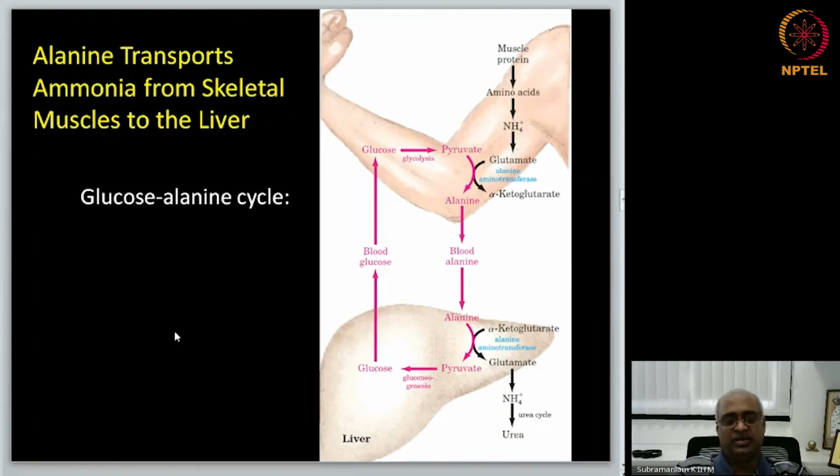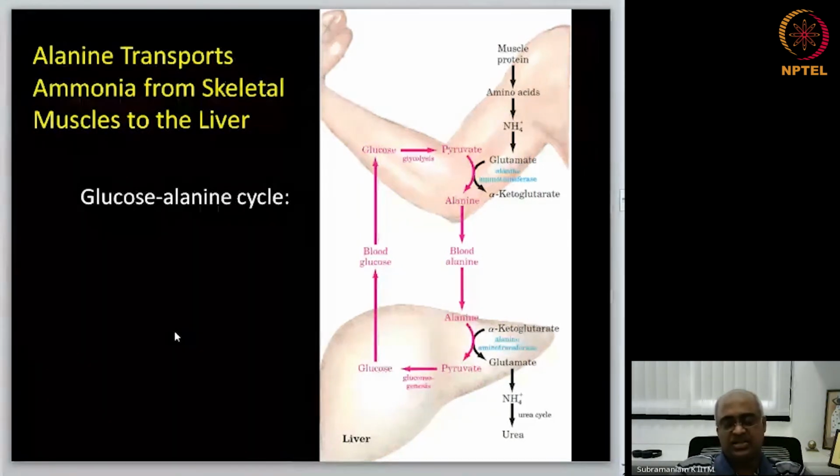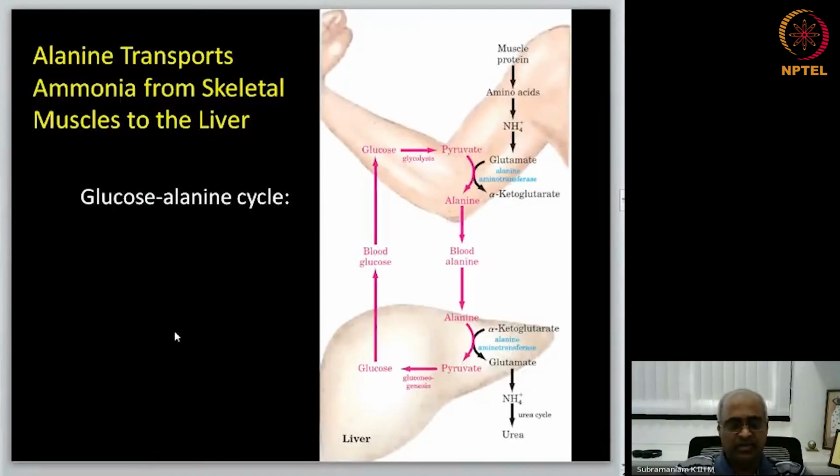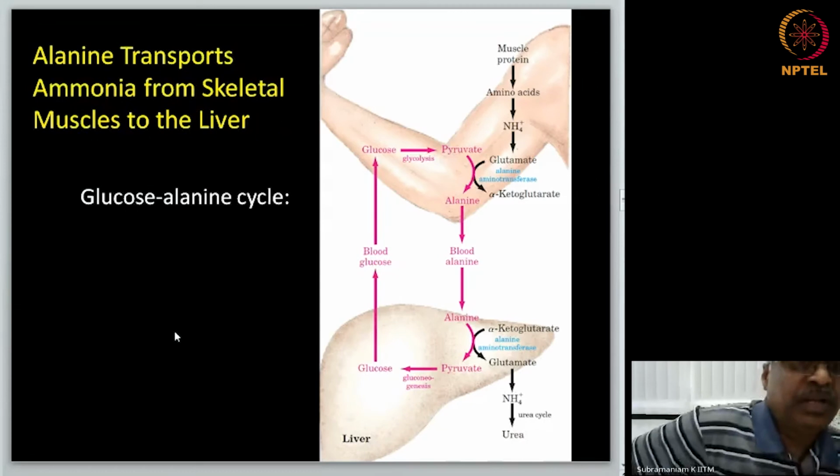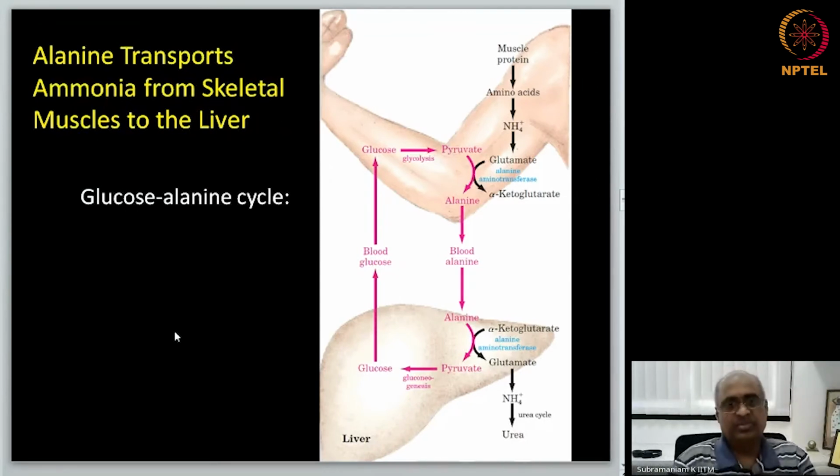For example, when you go for a short sprint, the oxygen transport won't be sufficient to generate the required energy in muscles. So muscles rapidly consume glucose via glycolysis, generating ATP molecules.